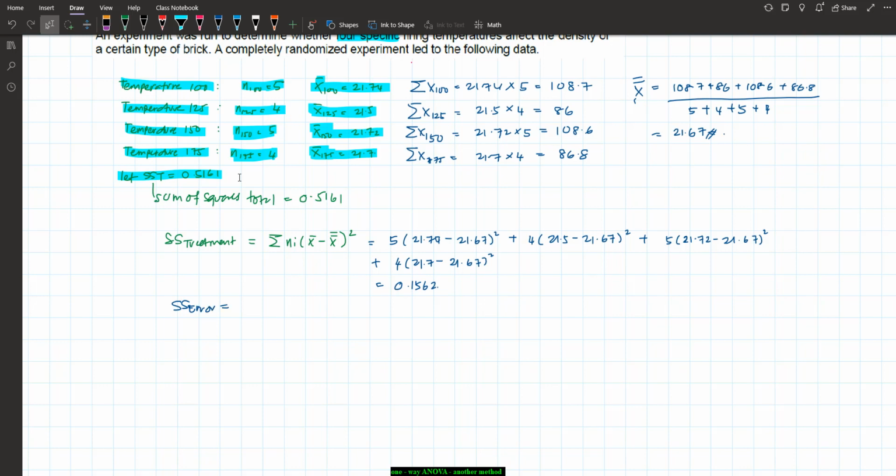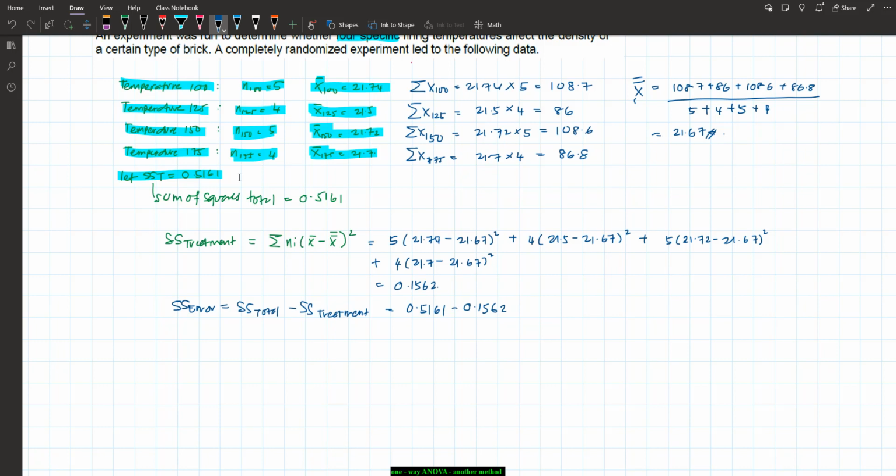With this computation, we can calculate the sum of square error. The sum of square error is the sum of square total minus the sum of square treatment, so 0.5161 minus 0.1562. Now we can construct the ANOVA table.